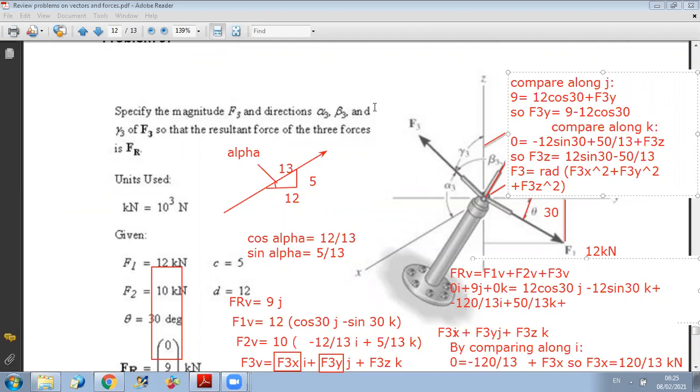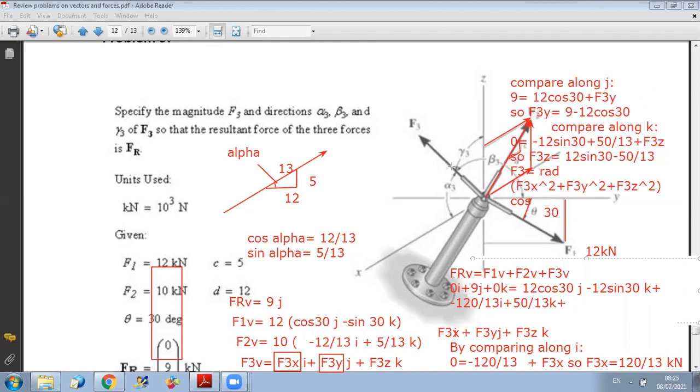We use the cosine, okay? Cosine of alpha 3, where alpha 3 is the angle with the x-axis.